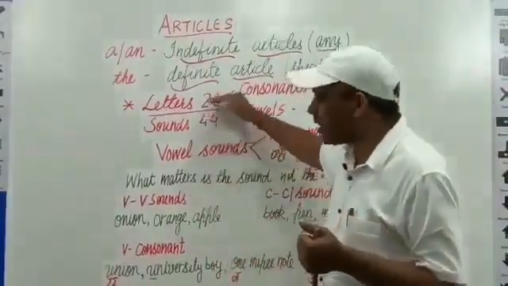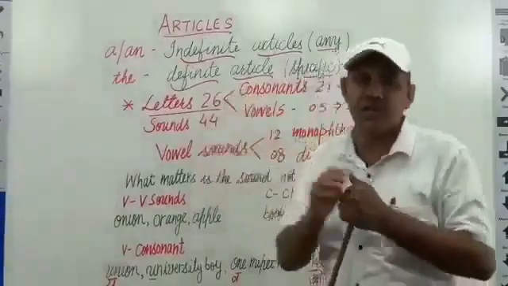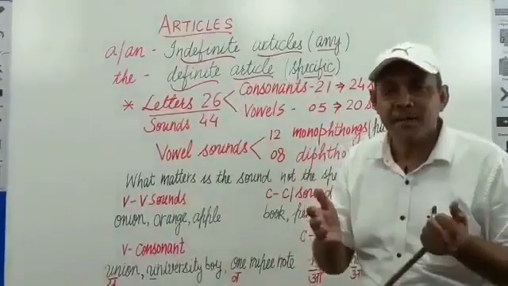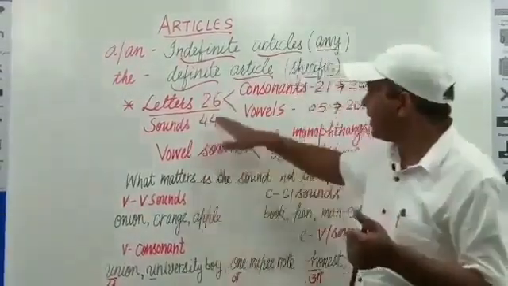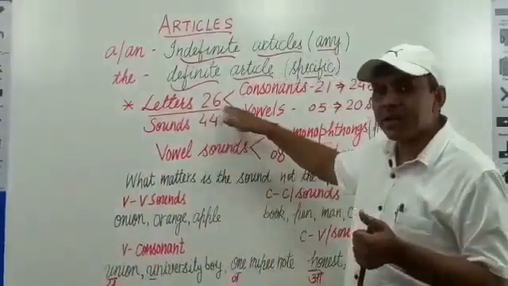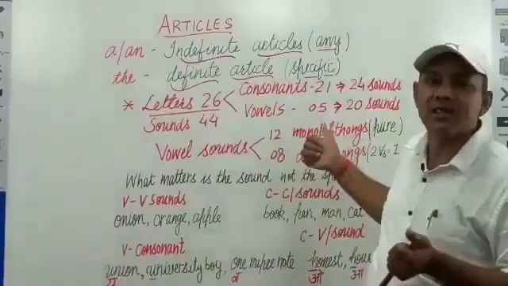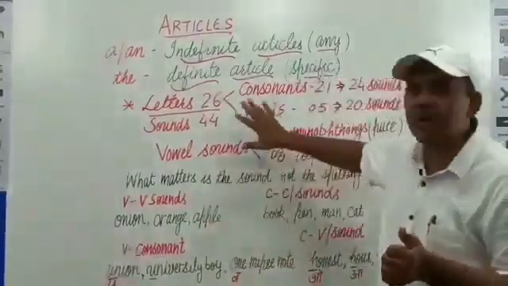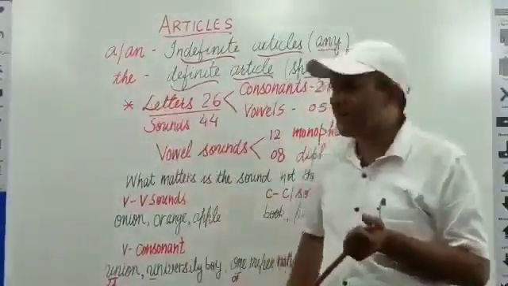There is no one-to-one correspondence between the spellings and sounds in English. This is the main problem. But in Hindi, there is one letter for one sound. But here, a letter produces one sound in one word and another sound in another word. That's why we have to understand the basic concept of sounds before discussing articles.